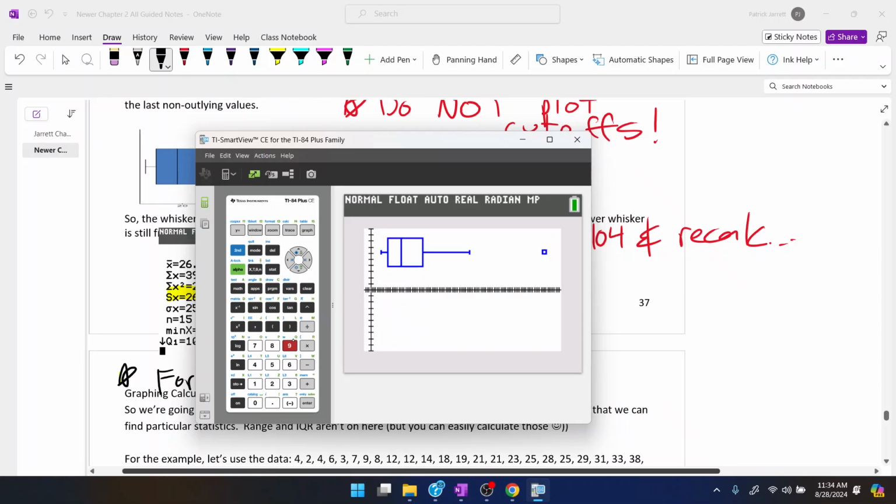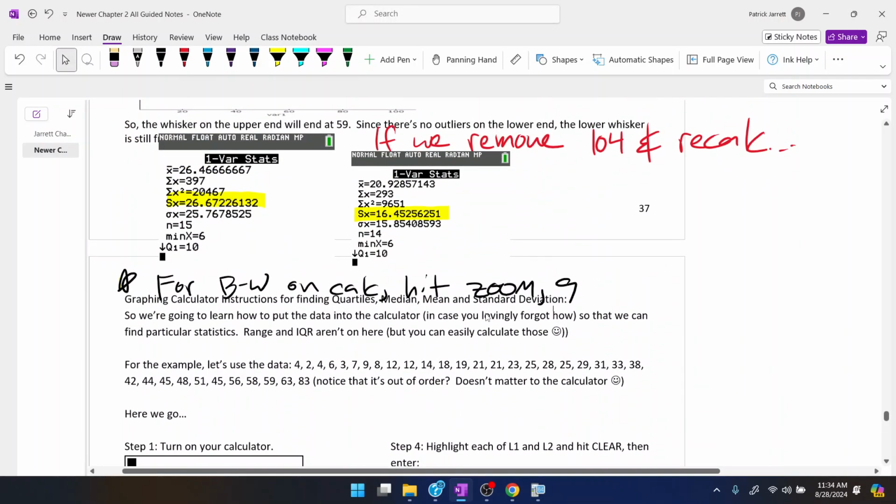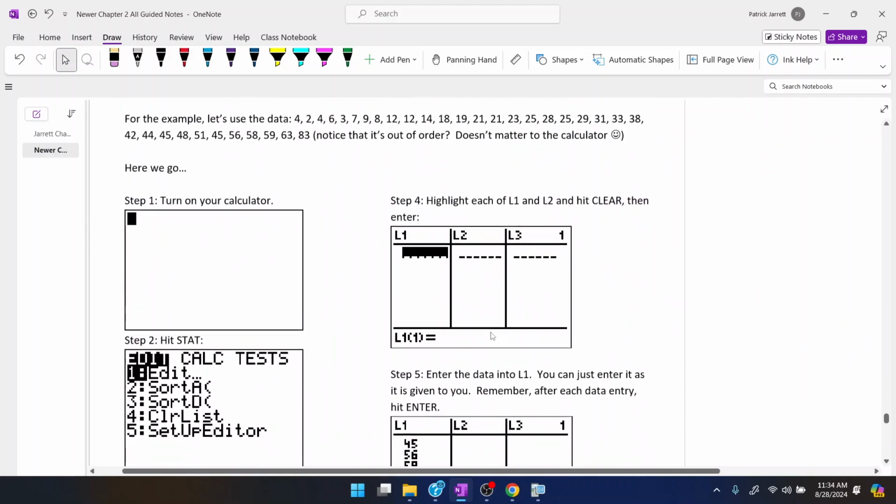Like my 171 and 172 folks, they do have to worry about that. They have to know zoom 6. But that is basically it for all of our new material.